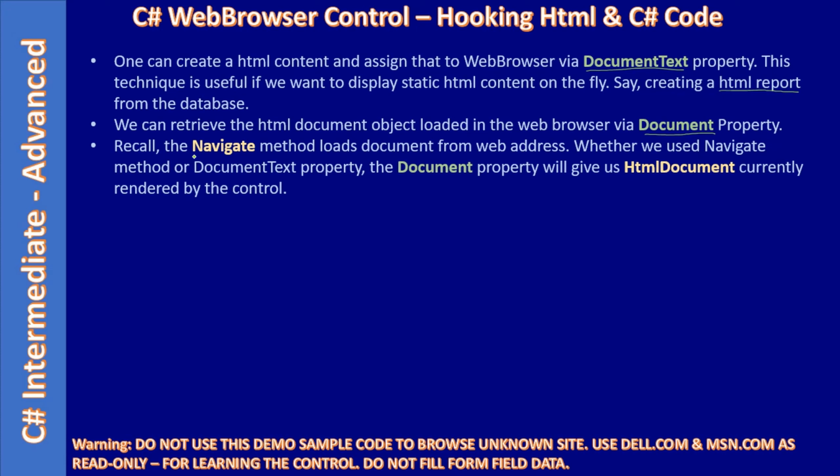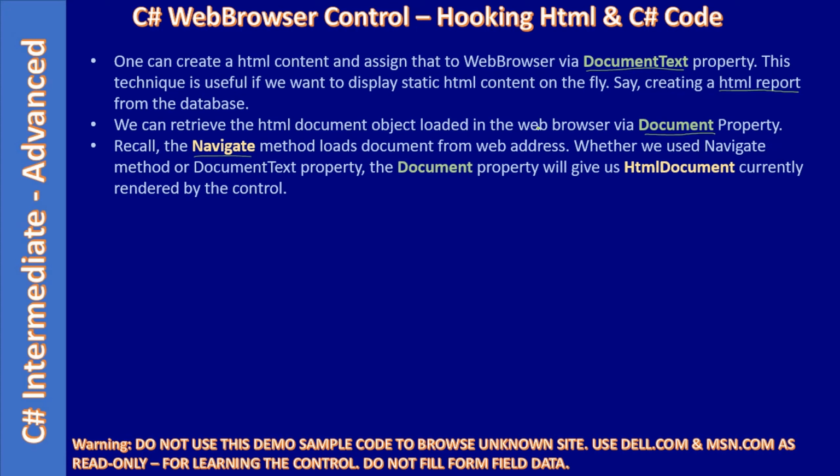Recall that we already used the navigate method. The navigate method loads a document from a web address. You will provide a URL, right? Say for example www.dell.com. So it reaches the web server, and from the web server the HTML document will be built dynamically using the web server technique. We don't know what technology Dell's web server uses.